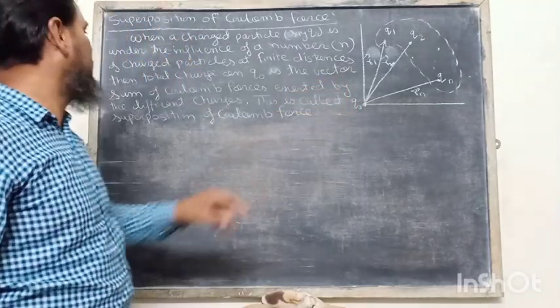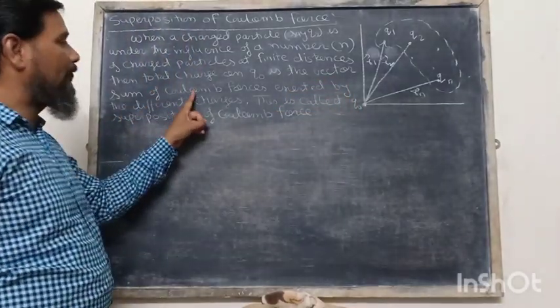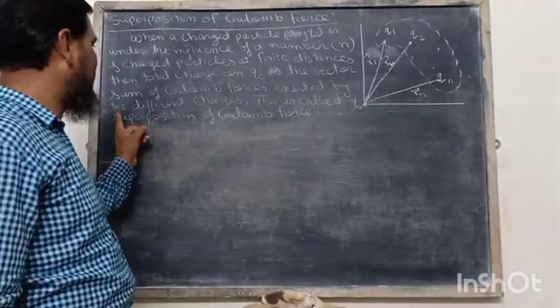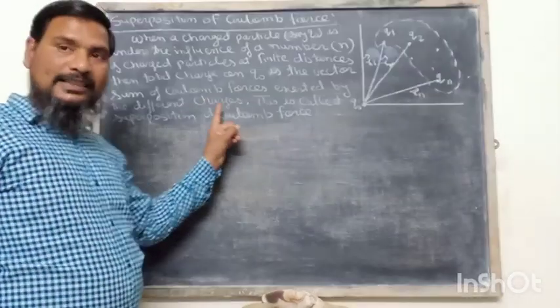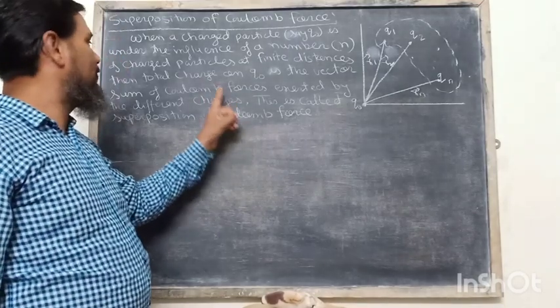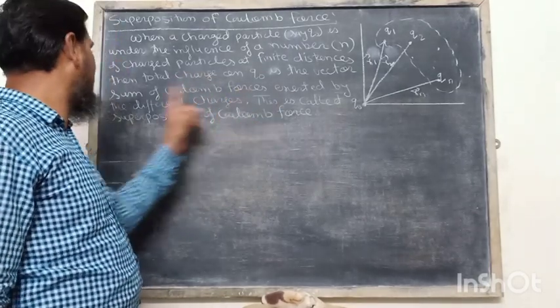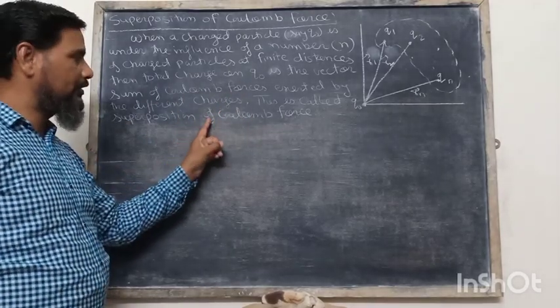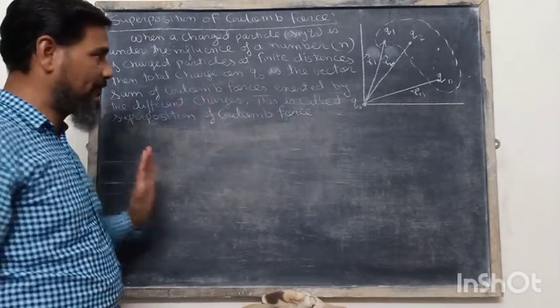The net Coulomb force on Q0 is the vector sum of the Coulomb forces exerted by the different charges. This is called superposition of Coulomb force.